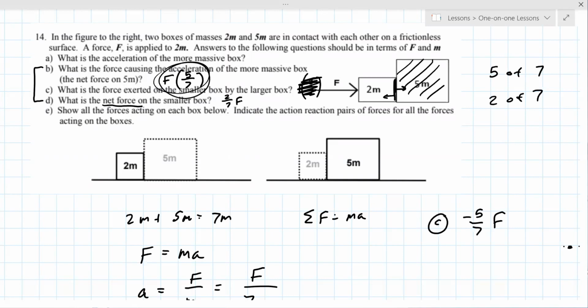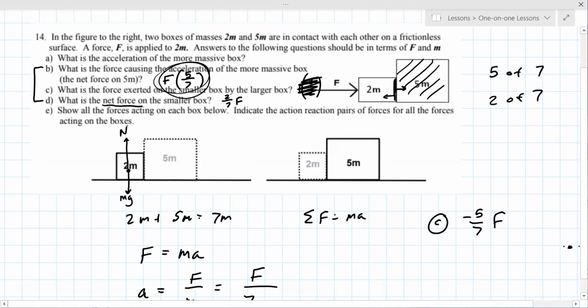On to E. Show all the forces acting on each block below. It's on these diagrams, for 2M and 5M. We've got to get those on there. Let's look at the one on the left. It has mg down, and a normal force up.